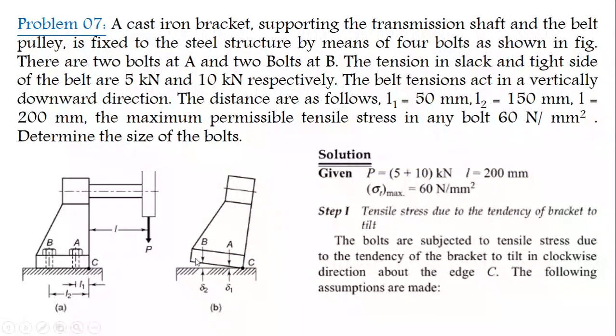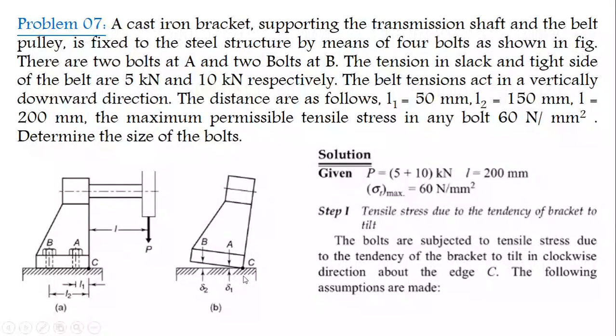Here is the tilting point. Here bolt B is at the farthest distance and bolt A is at the nearest distance. So here the maximum force is acting, and maximum displacement also happens here. Here the minimum load is acting, so minimum displacement happens here.